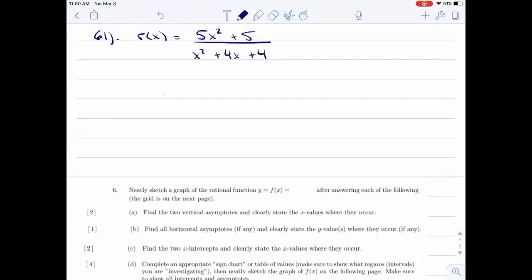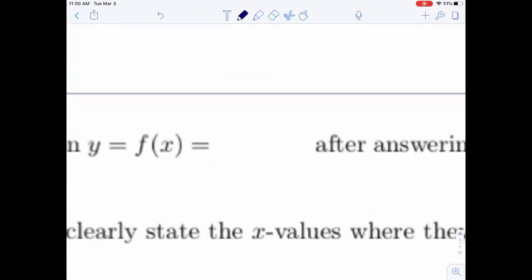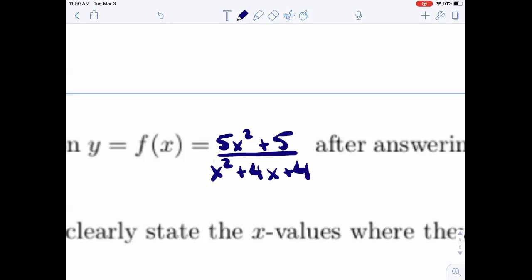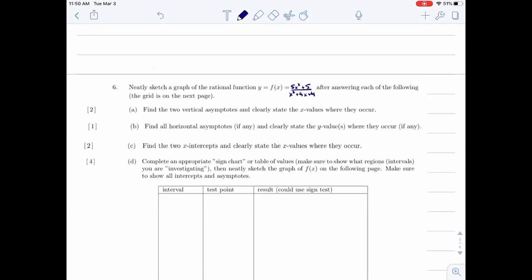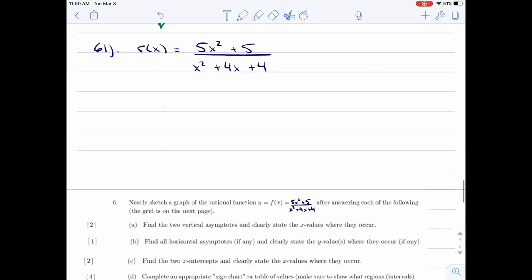You know what? Let's put it where it's supposed to be here: 5x squared plus 5 over x squared plus 4x plus 4. It's the one that we're doing.